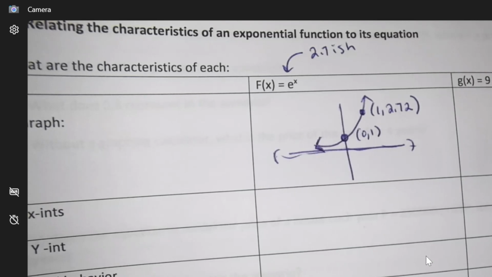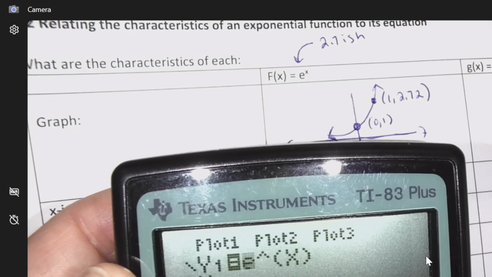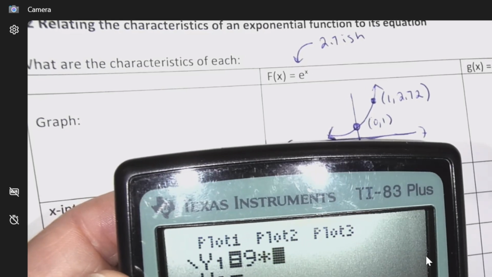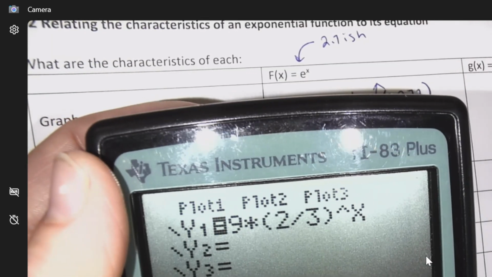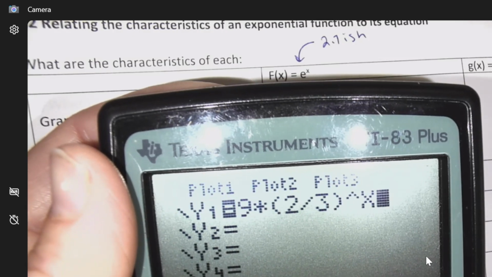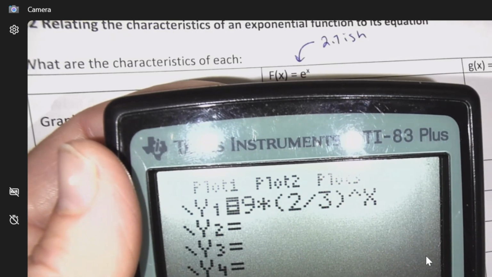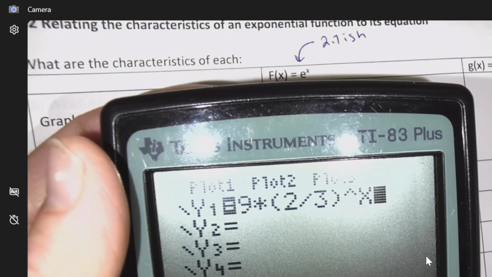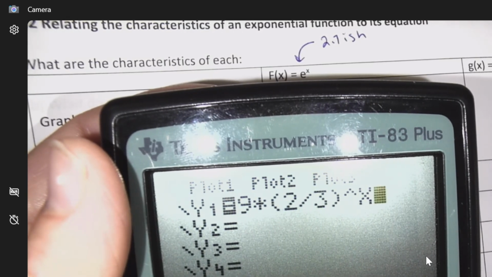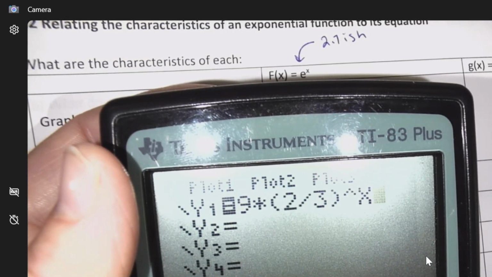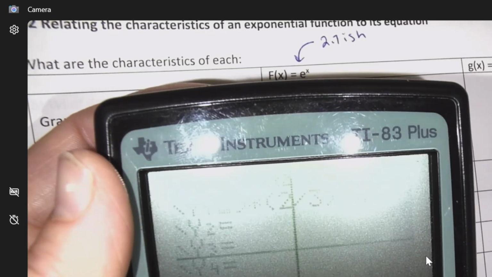Okay, ready to graph the next one? y equals 9 times bracket 2/3 to the x. 9 times 2/3 to the x. I'm going to graph it.